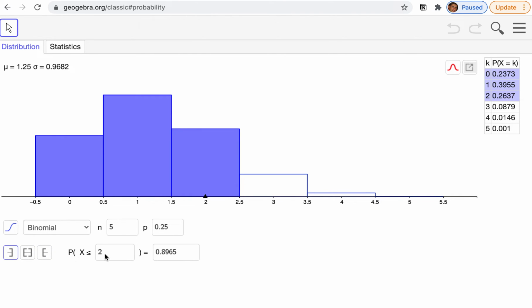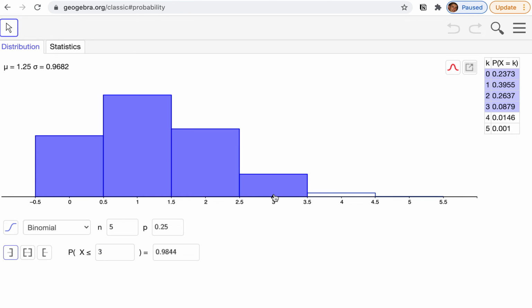So let's say, for example, they wanted to know the probability that there were no more than 3 children that had the type O blood. No more than would be less than or equal to 3. So you would change this number to 3, and this purple region here would represent the combination of 0, 1, 2, or 3.